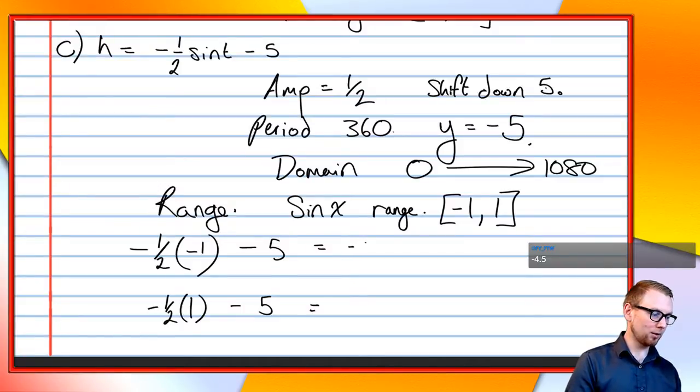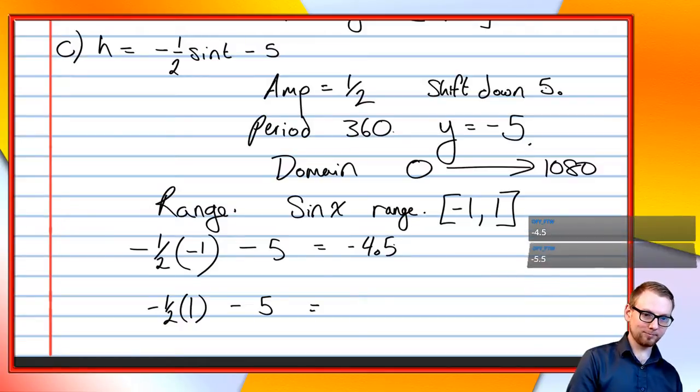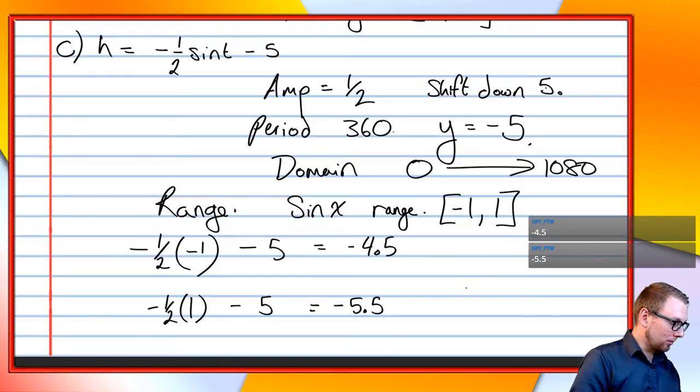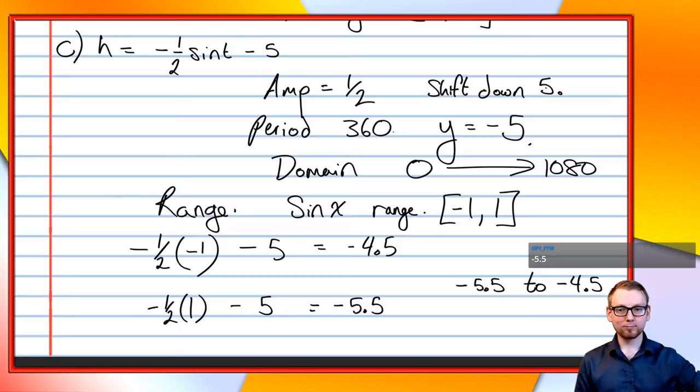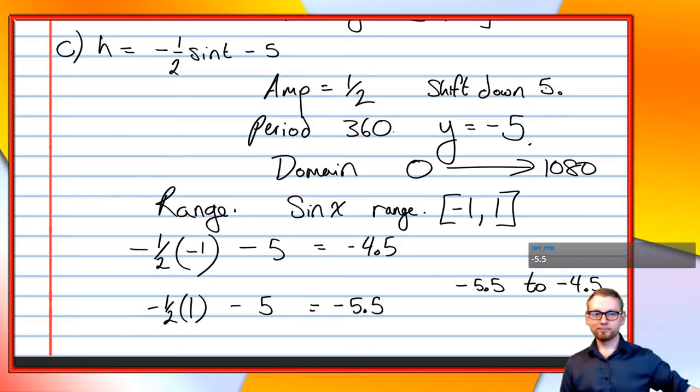Yeah, so there's a minus 4.5. And what about the other one? It's 5.5. So what is the range of our sine function, our h? It will be from minus 5.5 to minus 4.5. See how that works?